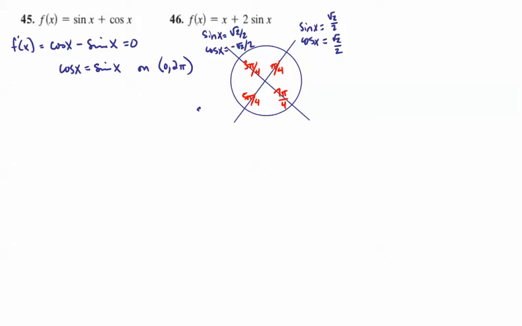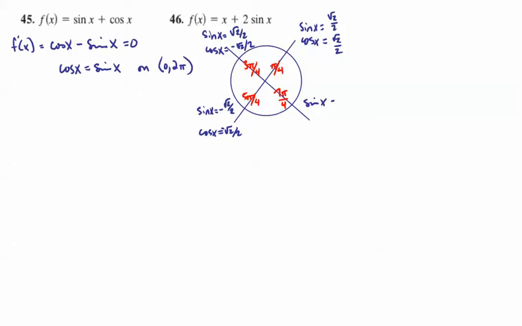Then at 5 pi over 4, sine of x is now negative root 2 over 2. Cosine of x is also negative root 2 over 2 because x is negative and y is negative. Then at 7 pi over 4, x is positive but y is negative.